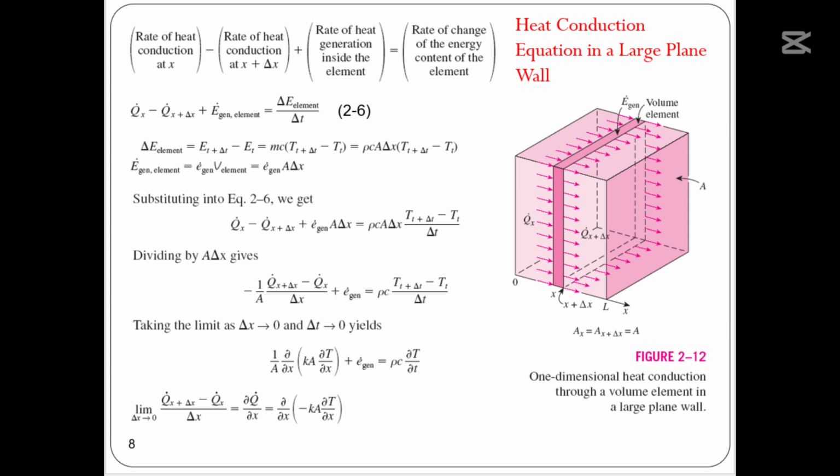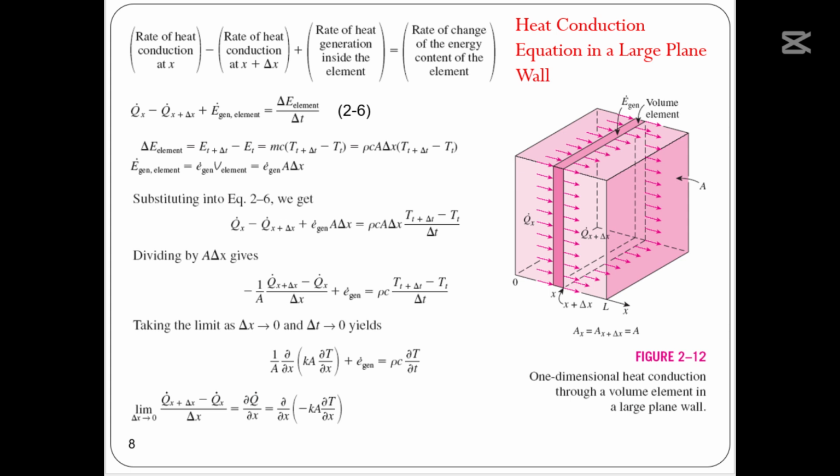Now we will simplify this whole equation. The heat conduction rate at x minus the heat conduction rate at x plus delta x, plus the heat generation inside this element, equals the heat accumulated with respect to time.